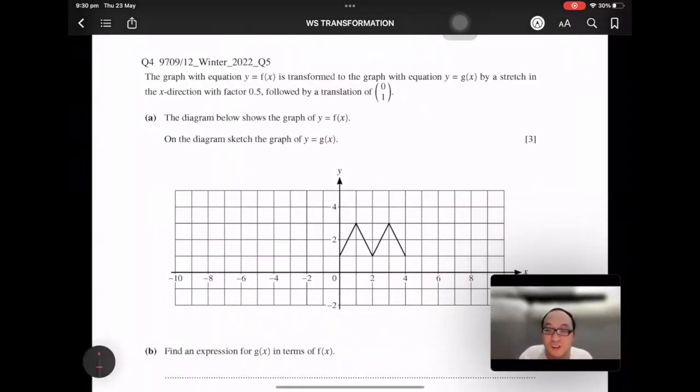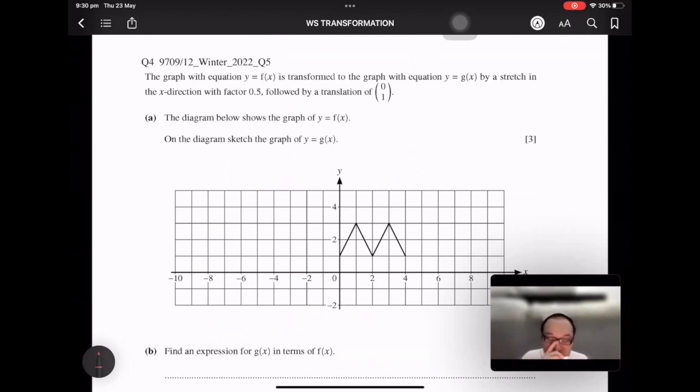And for number 4, the graph of equation f(x) is transformed to the graph of equation g(x) by a stretch in x direction with a factor of 0.5, followed by the translation of (0, 1). The diagram below shows the graph of f(x). On the diagram, sketch the graph of y equals g(x).